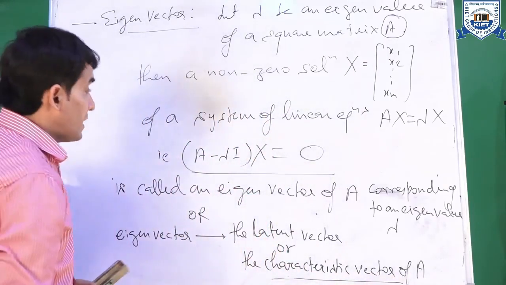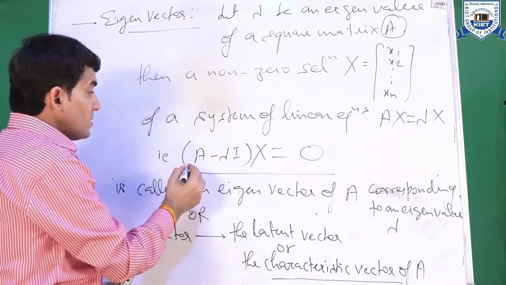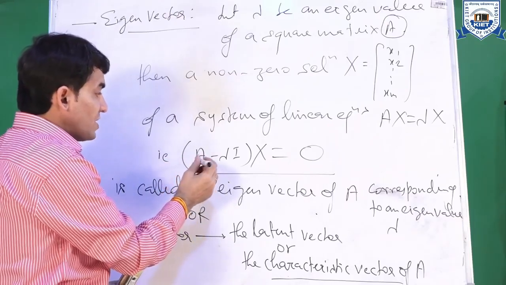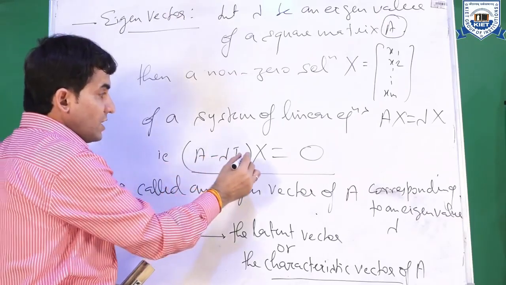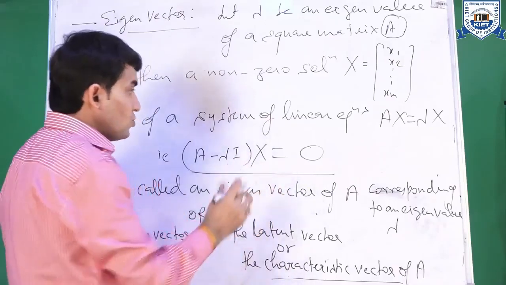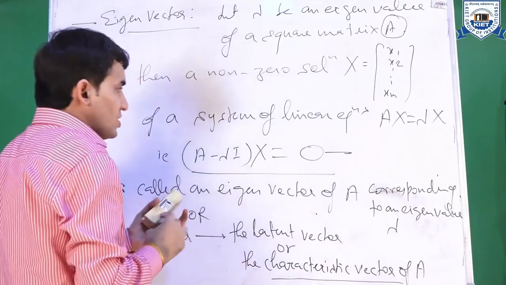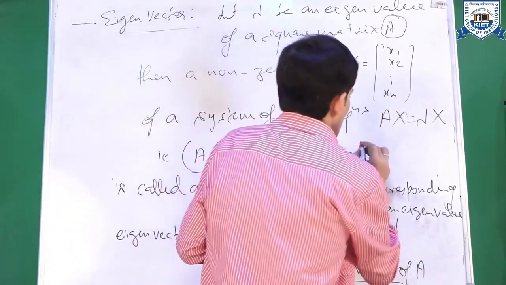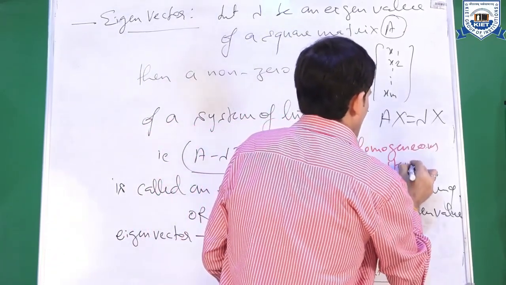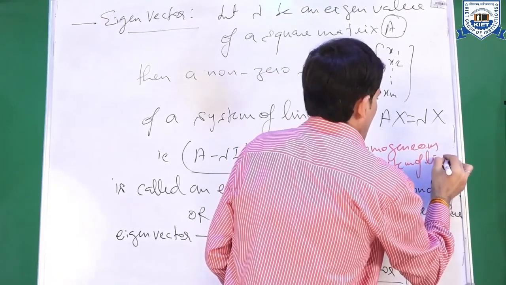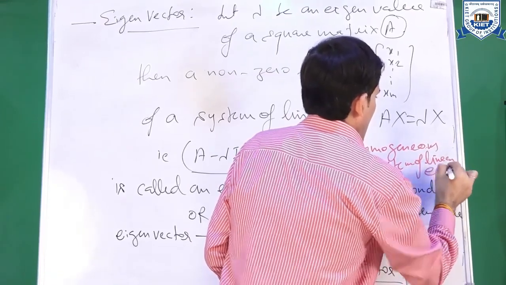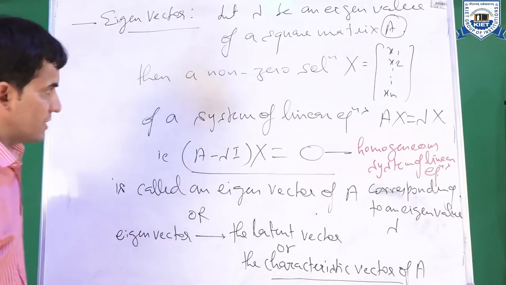The eigenvector is the solution of the system of linear equations A minus lambda I into X is equal to 0, and this solution is a non-zero solution, and this system of linear equations is a homogeneous system of linear equations.